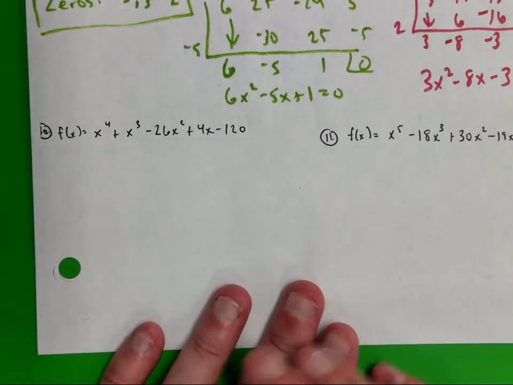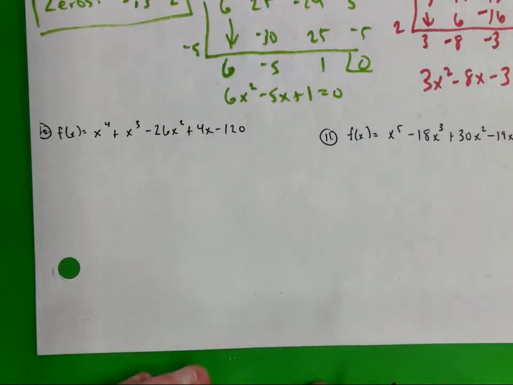Looking at number 10, there's 5 terms. I can't take a GCF out of there, so I don't know how to factor that. So you can't factor that. So what you're going to use is you're going to graph it.